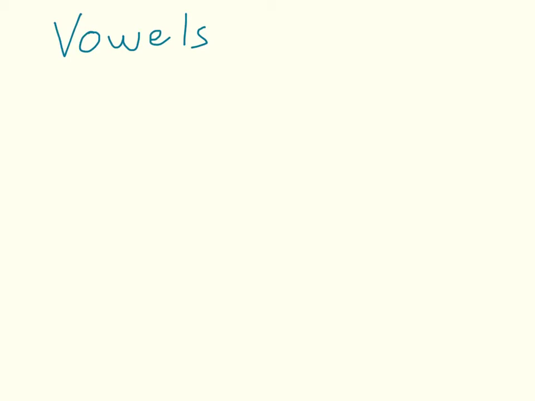So, two vowels. The big issue with vowels is something called a macron. A macron is a mark that changes vowels. It can make vowels short or long.